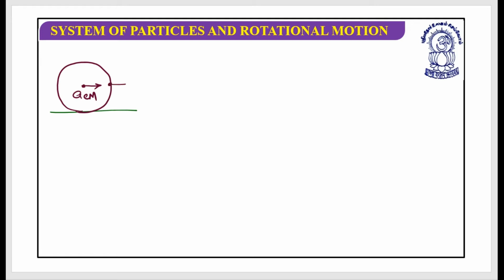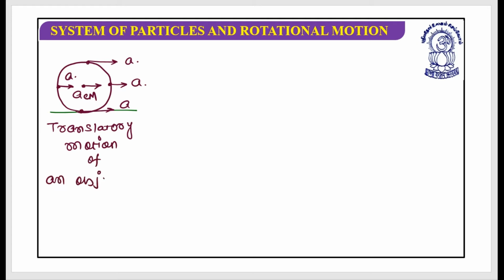This particle is moving in this direction with A, this particle in this direction A, this particle in this direction A. This is the translatory motion of an object. I hope this is clear.